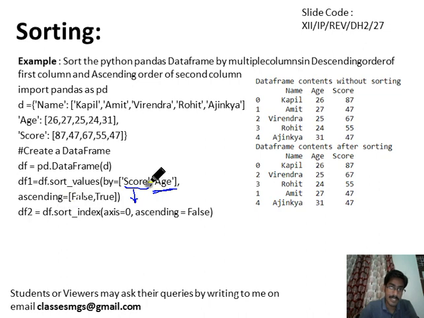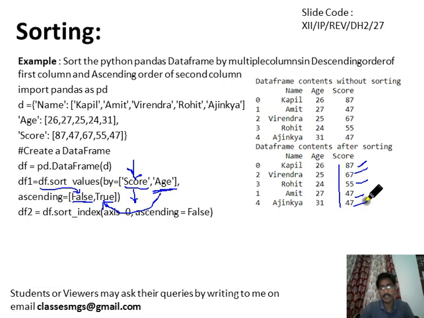Here we are telling that on the score column the data should be arranged in descending order, because we are passing ascending false, and for the age column we need ascending order, so ascending equals true. So the score will be arranged in descending order. You can see 87, then 67, 55, 47. This is the descending order.